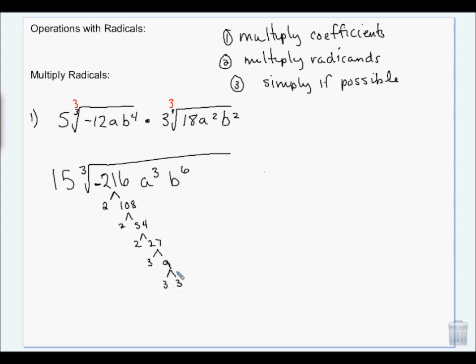Okay, I'm going to factor 216. And I'm looking for triples because this is a cube root. I have 3 2's and I have 3 3's. Okay, and because this is negative, I'm looking for a negative also. So I could either make the 2 or the 3 negative, it doesn't matter.